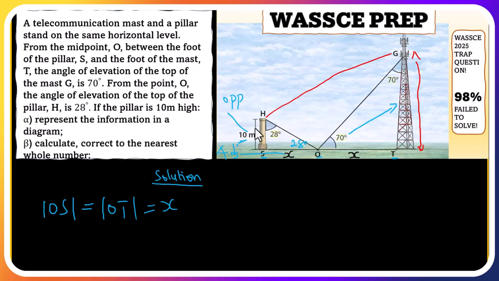Using the sine ratio, you were not given the hypotenuse, so the sine ratio cannot be used in finding the length of the line SO. That was the second mistake most of the students made.